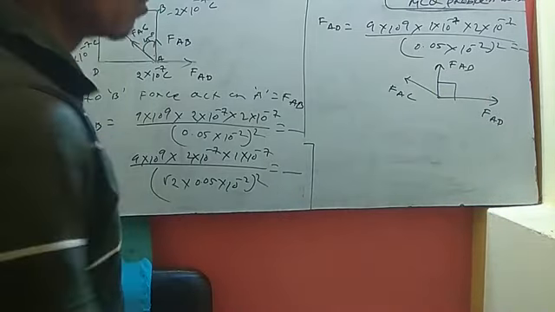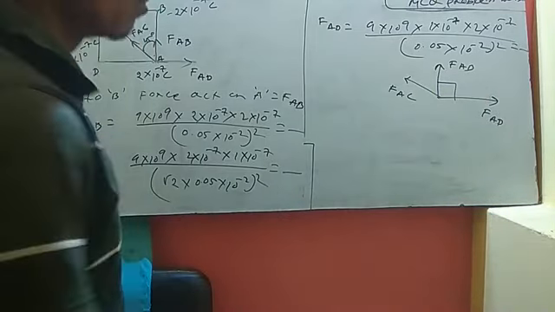So here FAC has two components. This is the 45 degree angle of FAC. In this direction one component is FAC cos 45 degree.